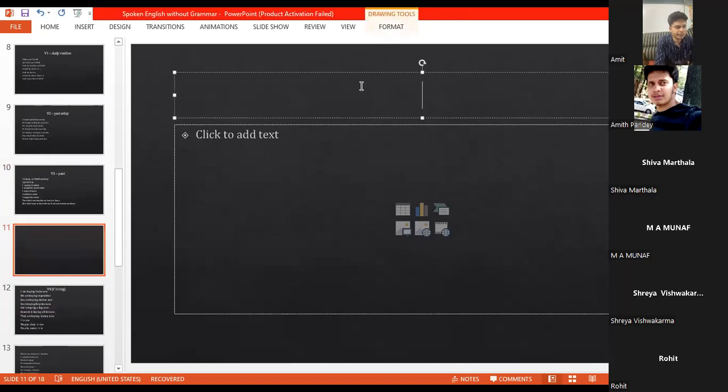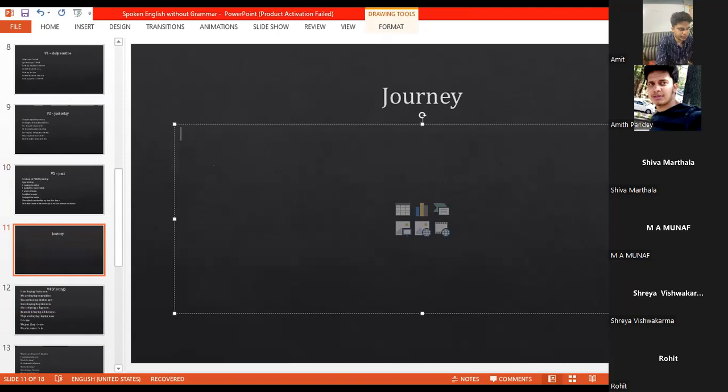I mean, if you went somewhere, for example, let's say if you went on a journey or on a picnic, then you can say, we booked tickets for, let's say, Araku Valley.